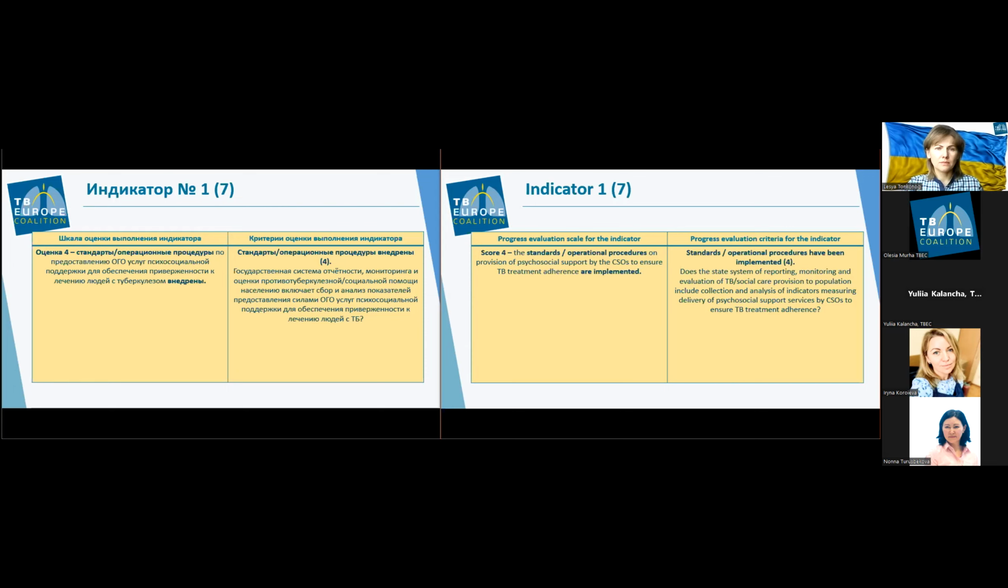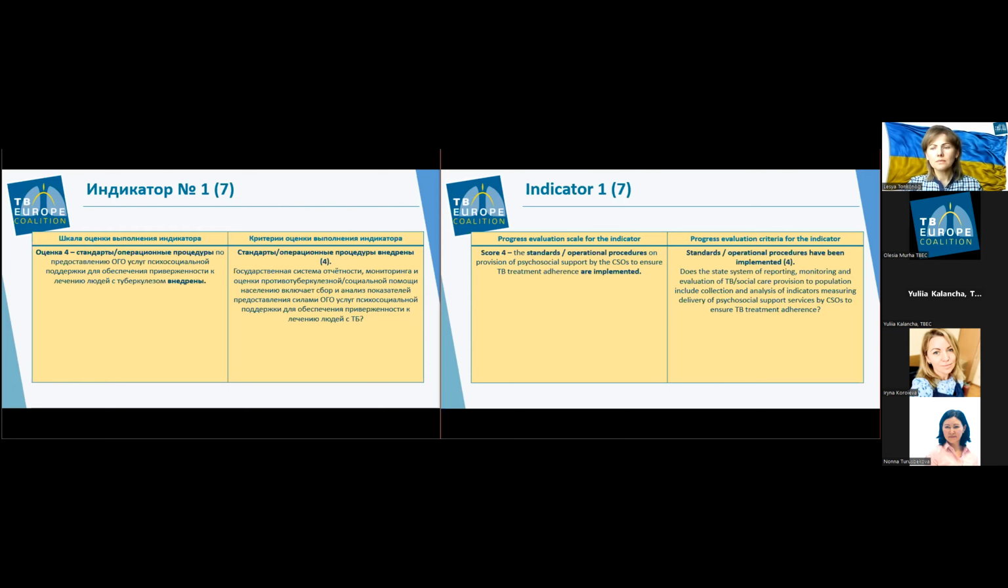Well, this indicator is directly linked with that. A score of 4 is, of course, the score that the country aspires to, and all the intermediary phases, as you can see, impact the final result.